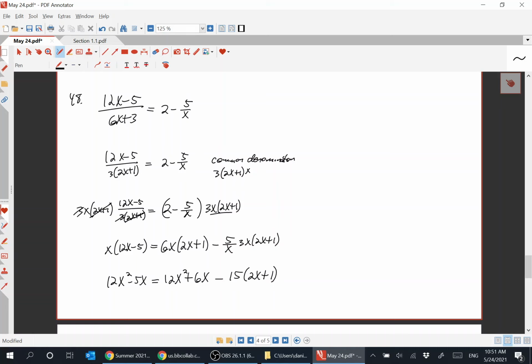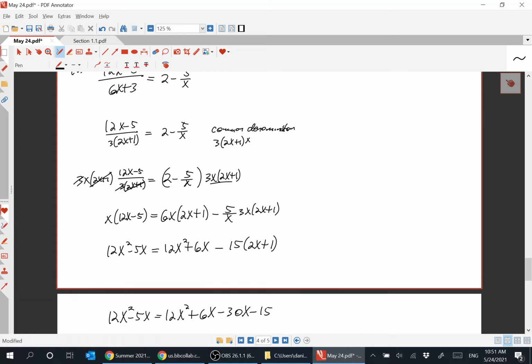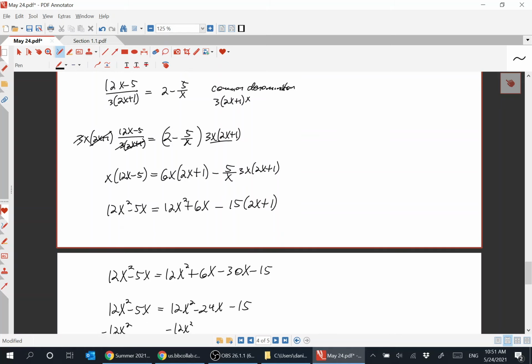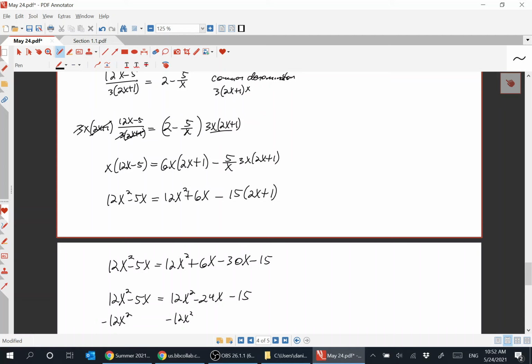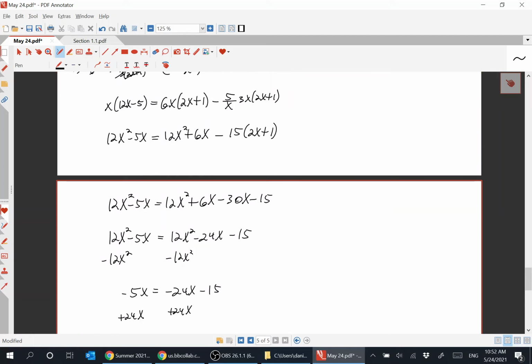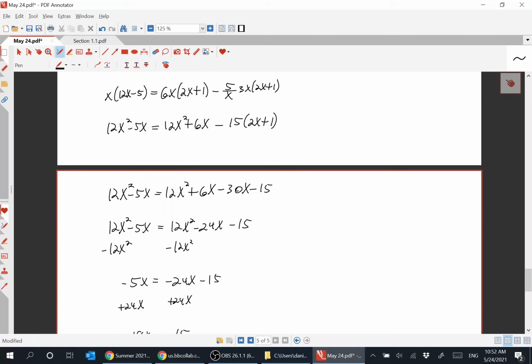So 12x squared minus 5x. 2 minus 5 over x. 6x, 2x plus 1. 12x squared plus 6x. 15x times 2x plus 1. 30x minus 15. 30 minus 6 is 24.